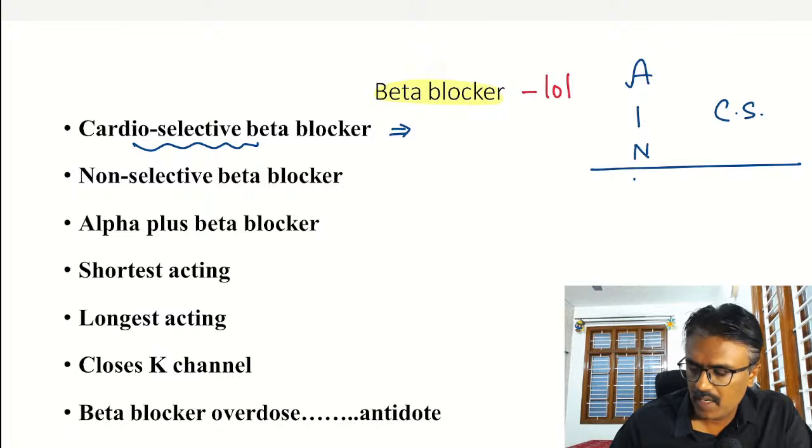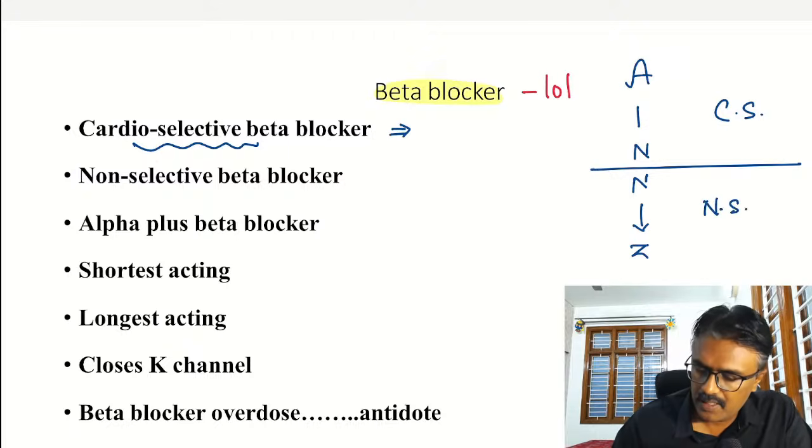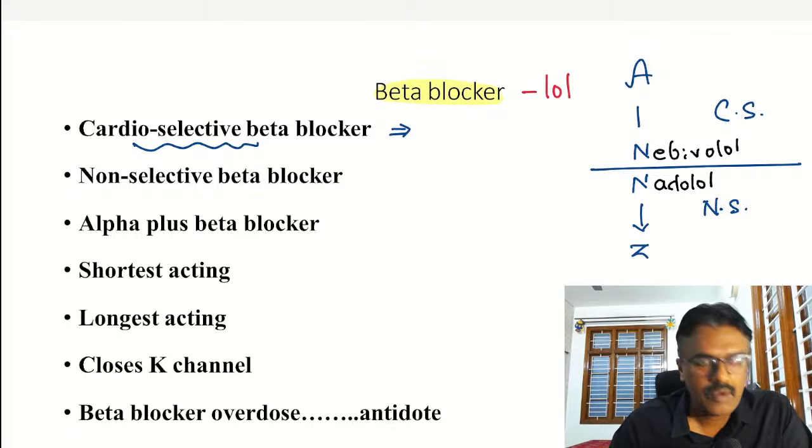Any beta blocker whose name starts from N to Z, they are called non-selective beta blockers. Sir, what is this N? N is nebivolol, which is cardioselective. Nadolol is non-selective. Now tell me, propranolol, whether it is cardioselective or non-selective? Yes sir, it is non-selective.